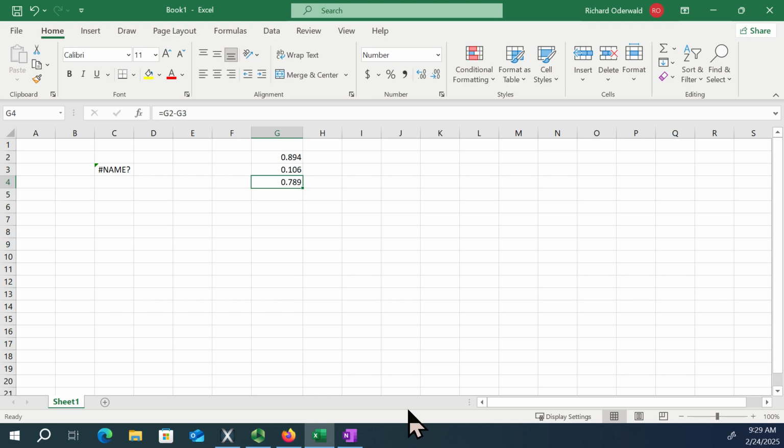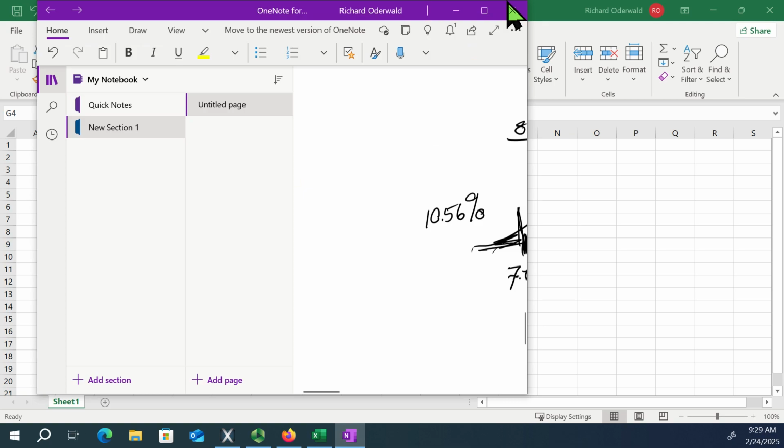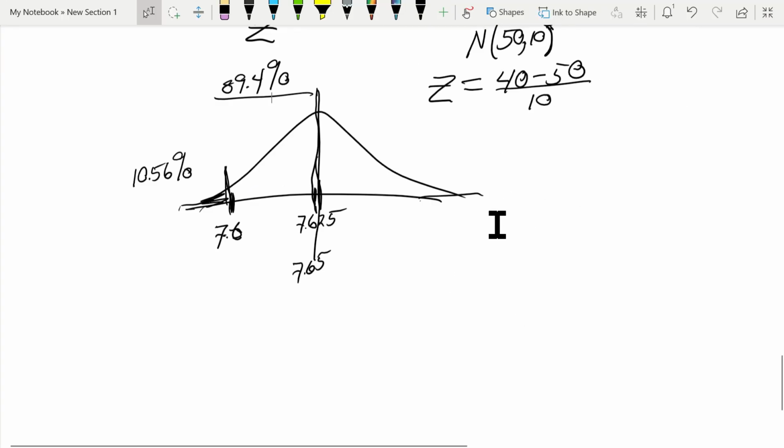And if you draw the picture, this area was 89 whatever. Minus this, to get it, I had to come from this side up to here and get that area, then get this side up to here and get that area and subtract them.